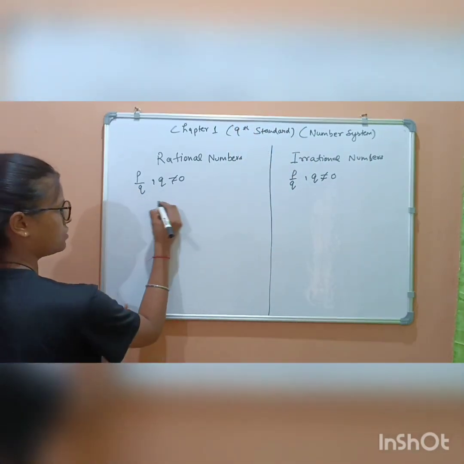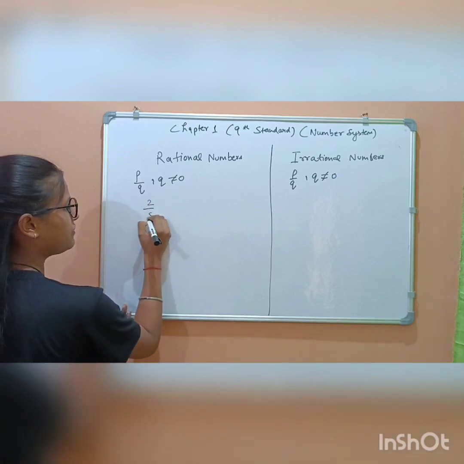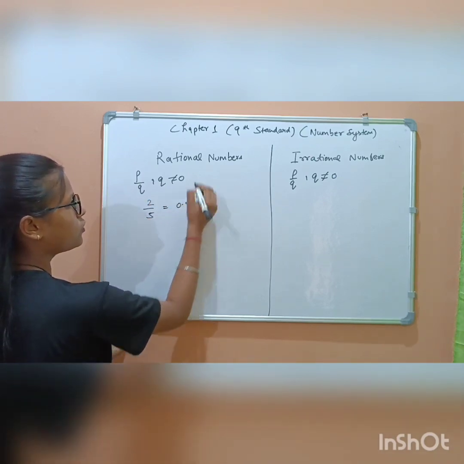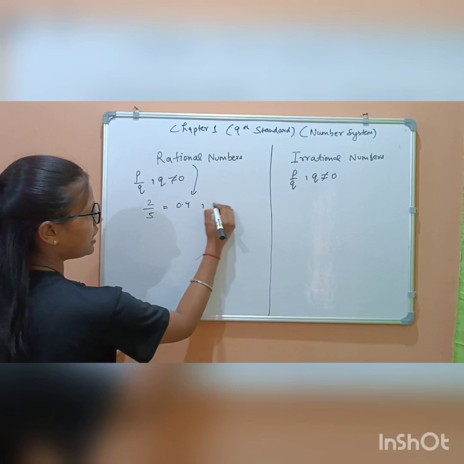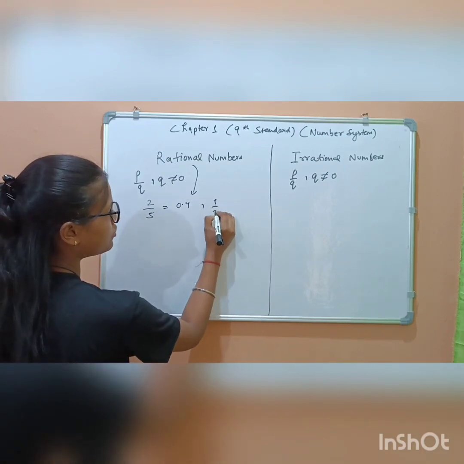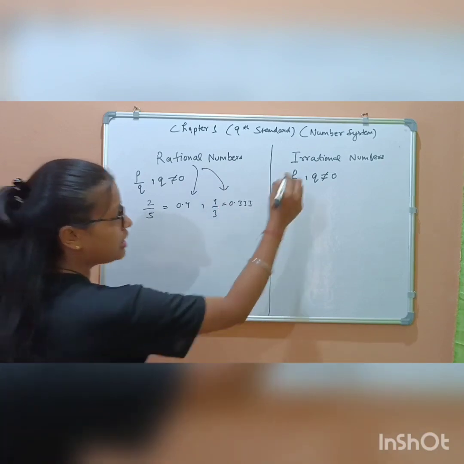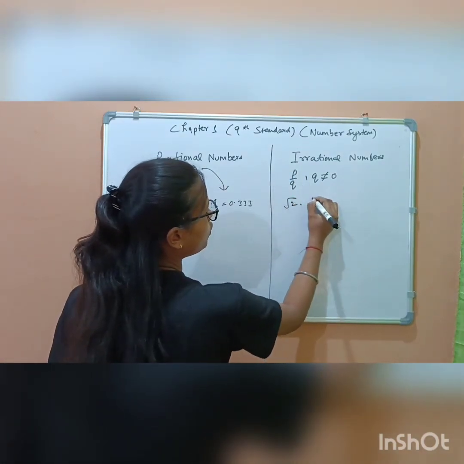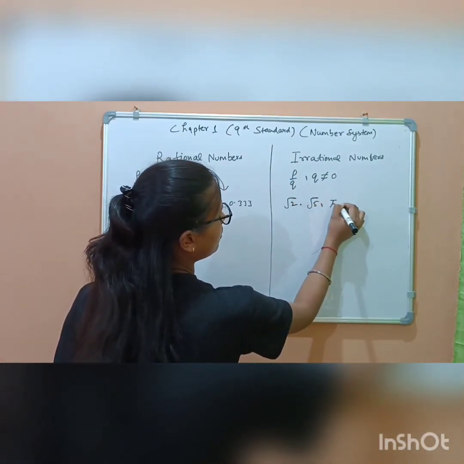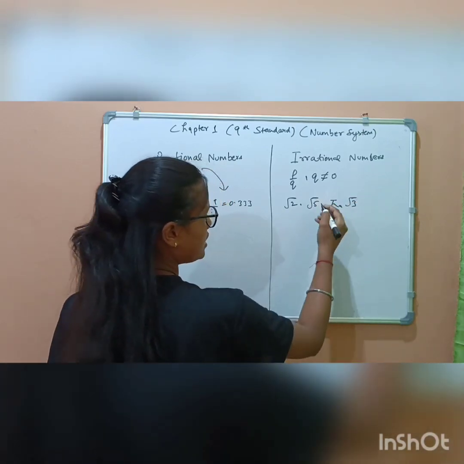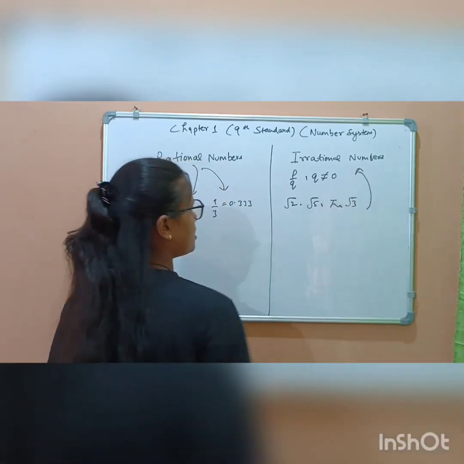P by Q. So if I talk about 2 by 5, that is 0.4, it is a rational number. If I talk about 1 by 3, that is 0.3333, it is a rational number. If I talk about root 2, root 5, pi, root 3, these all numbers are irrational numbers.